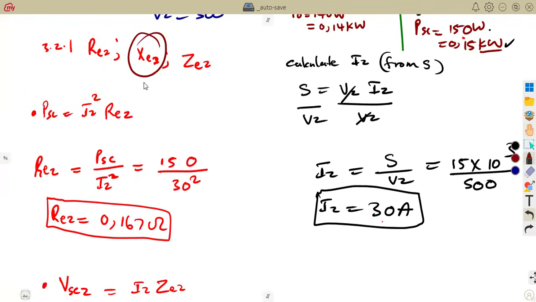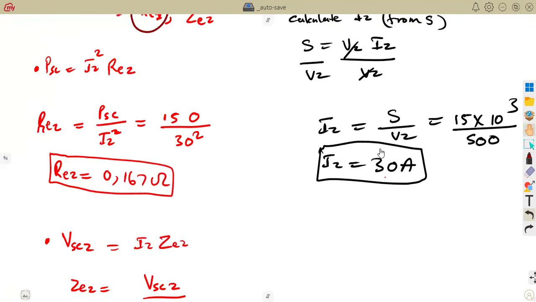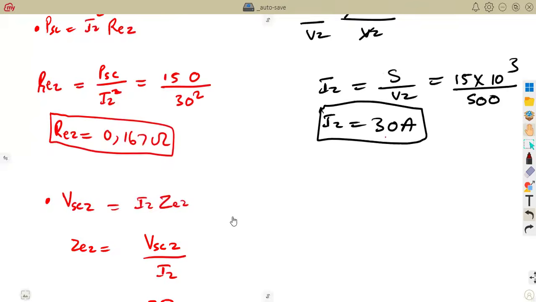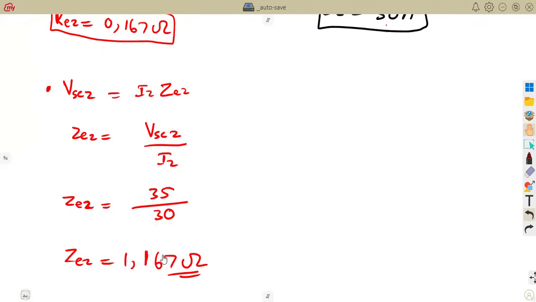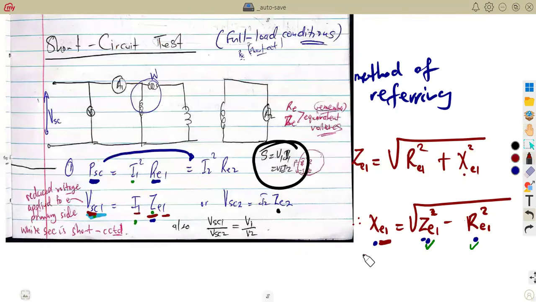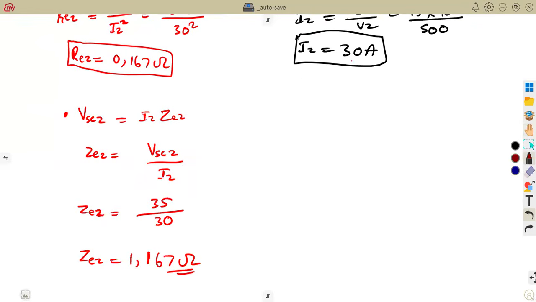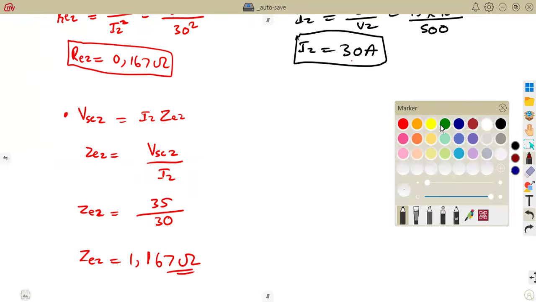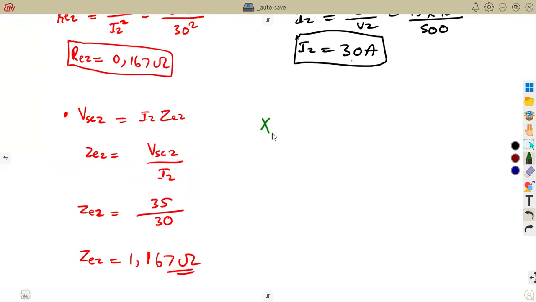Then from there, we can calculate X, which is our equivalent reactance. Remember, if you have got Z and you have got resistance, X can be calculated. We managed to manipulate this one and have it as our formula, if you still remember. So that is what we are going to use to calculate X. Therefore, our X is going to be the square root of ZE squared minus RE squared.